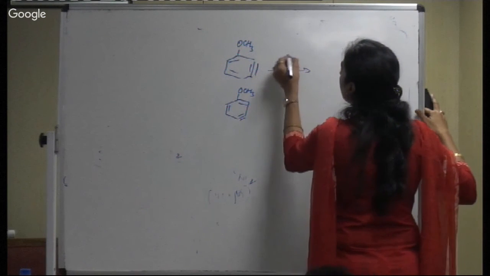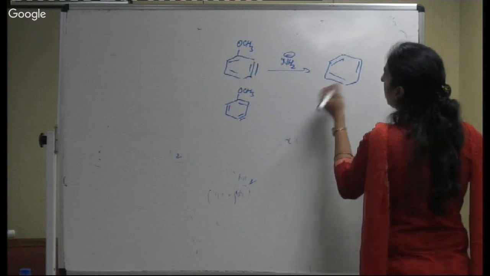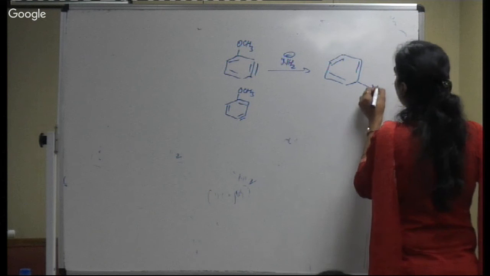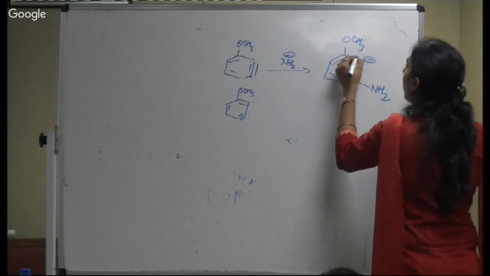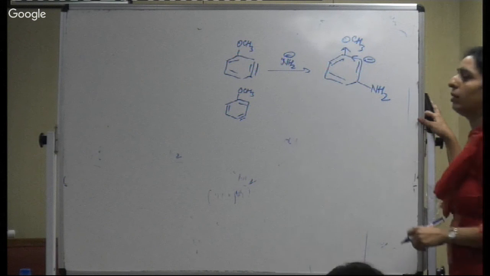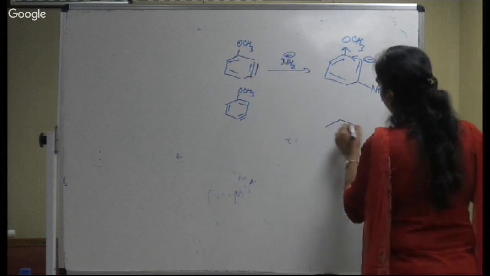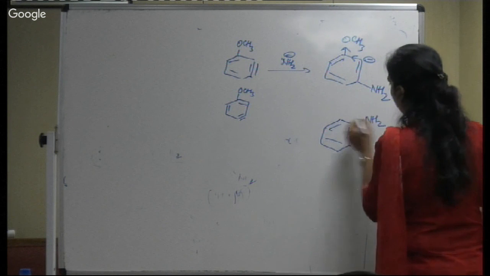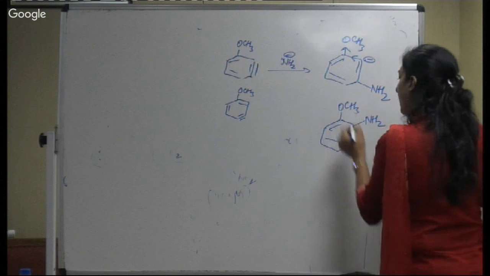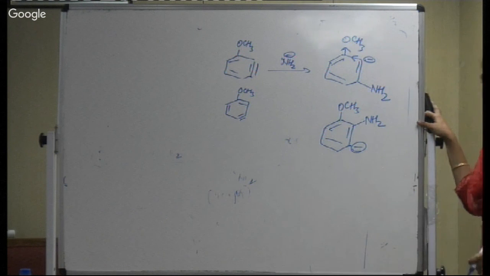The moment NH2 minus will attack, this is an ionic species which is formed and it is stabilized by the minus I effect of oxygen. But if this is formed, no such stabilization is there. I'm so sorry, no such stabilization is there.